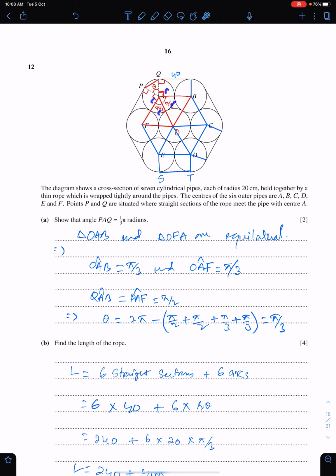This is method 2. See, number 1, I gave the reasons of these two angles, that these two triangles are equilateral, so these two angles are pi by 3. Next I gave the reason of these two angles, that these two are rectangle.